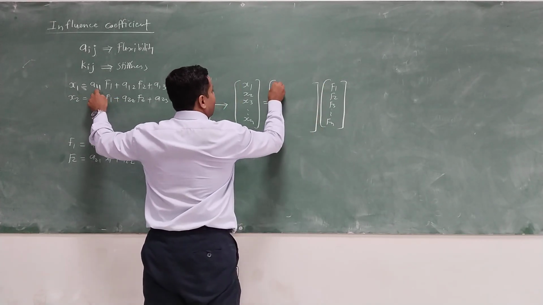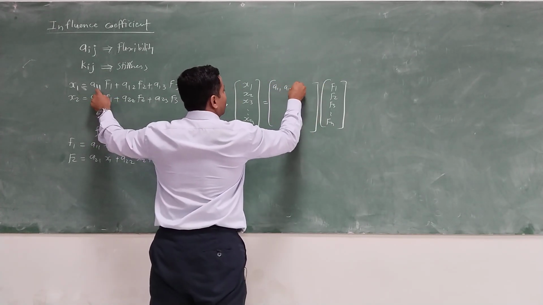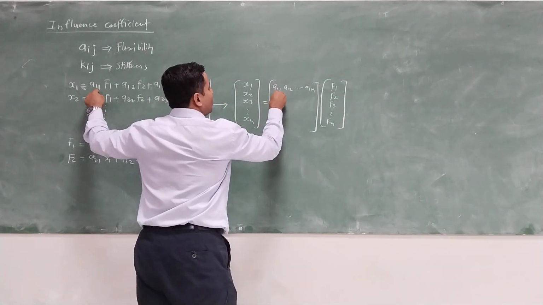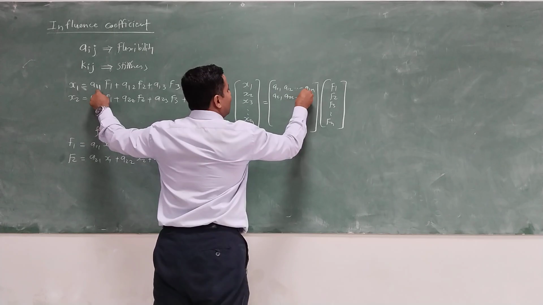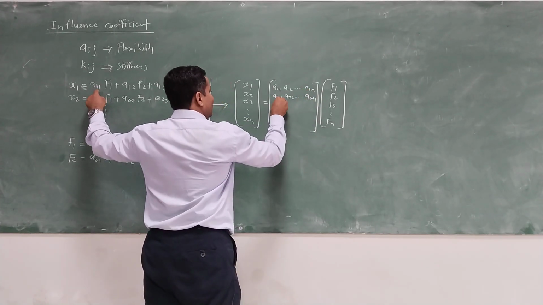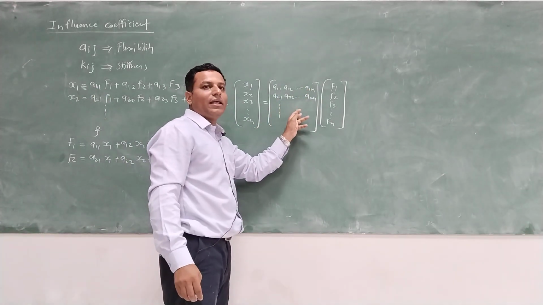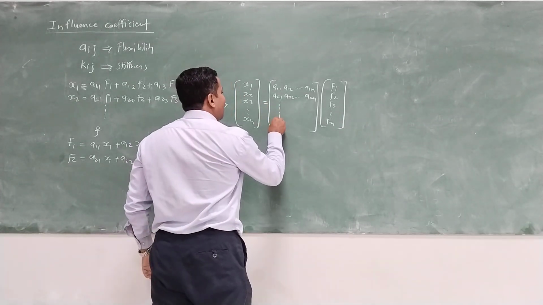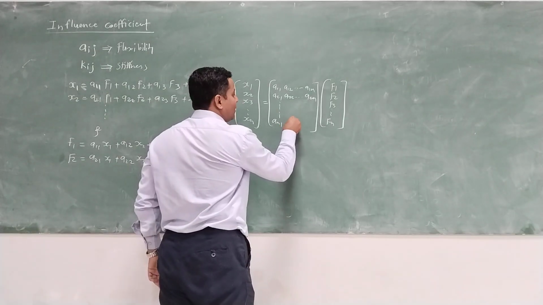So I can write here a11, a12 till a1n, a21, a22 till a2n, similarly a31, a32, a41, a42 till an1, an2.